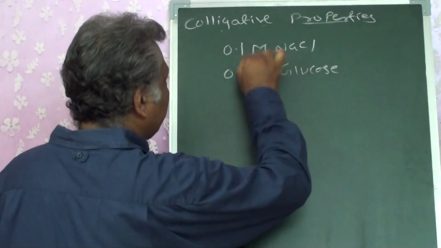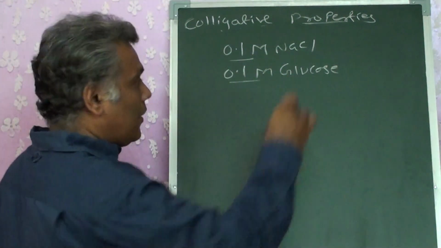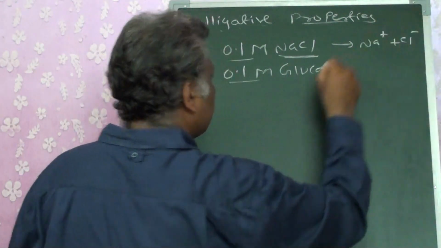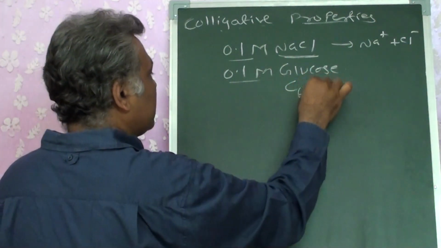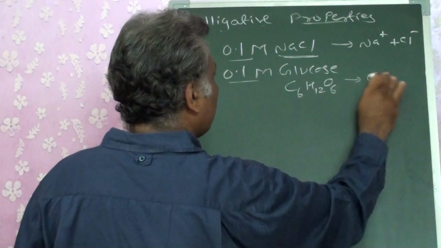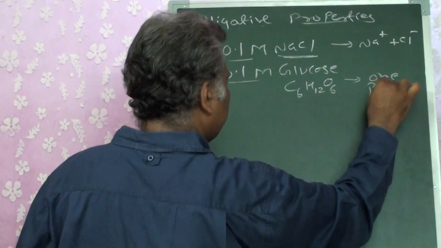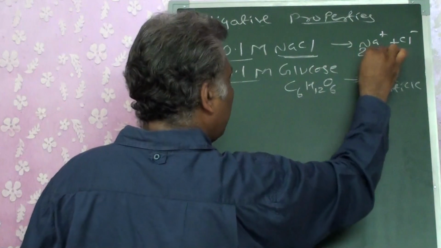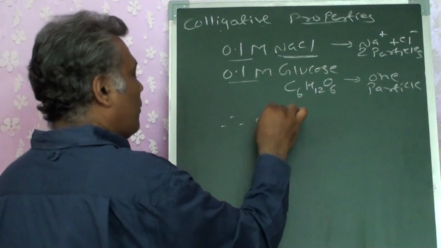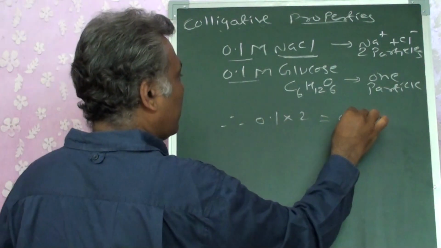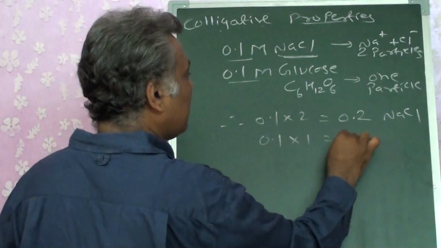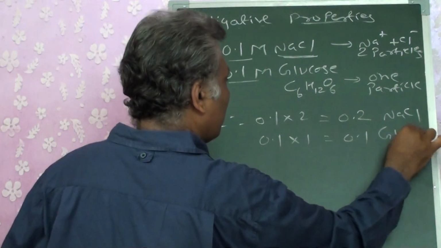Concentration is the same, but sodium chloride produces two ions, Na+ and Cl-. Glucose, C6H12O6, has only one particle, whereas here we have two particles. Therefore 0.1 into 2 gives 0.2 for NaCl, whereas 0.1 into 1 gives 0.1 for glucose.